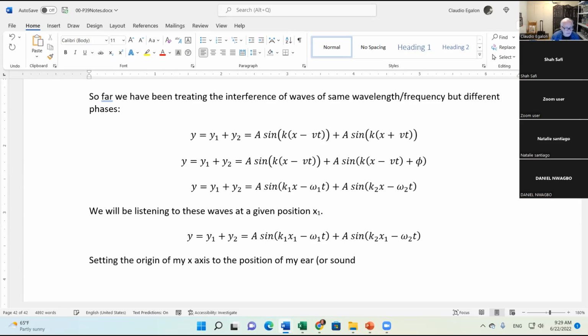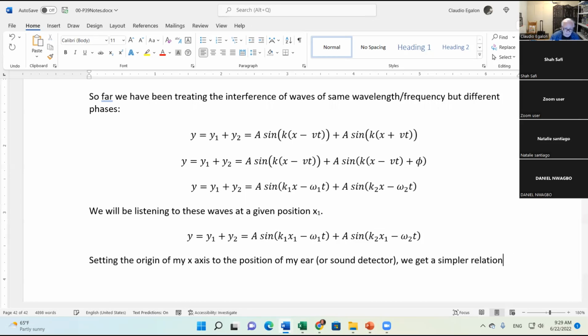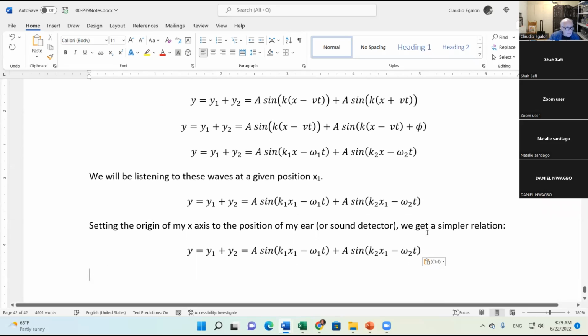That's what an ear is all about. It's a sound detector. We get a simpler relation. We will get x1 equal to 0, right? It's a simple relation. This thing here becomes 0, right? This one also becomes 0.